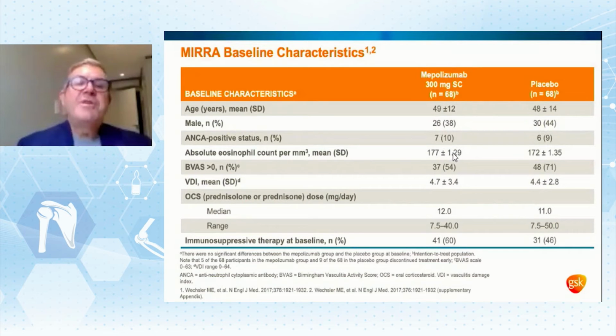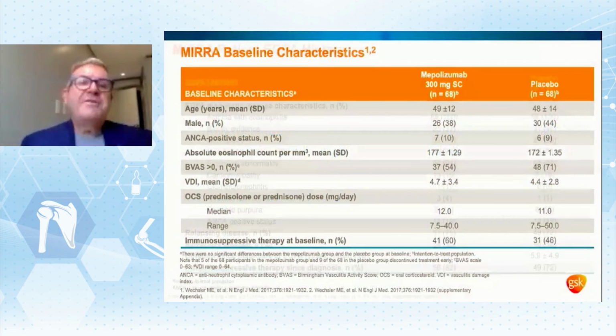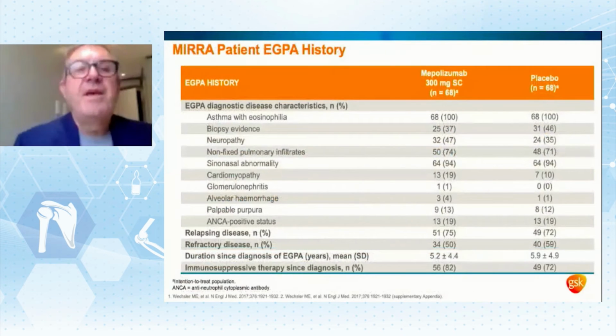The absolute number of eosinophils per cubic millimeter was around 1,700, and the mean dose of prednisone in this population was between 7.5 and 50 milligrams. And 30% to 40% of the patients were using immunosuppressive treatment at baseline.